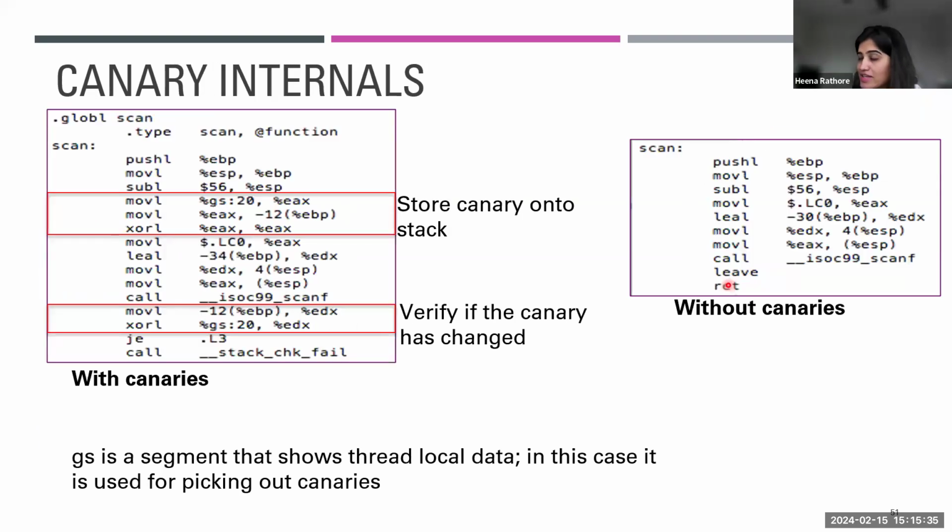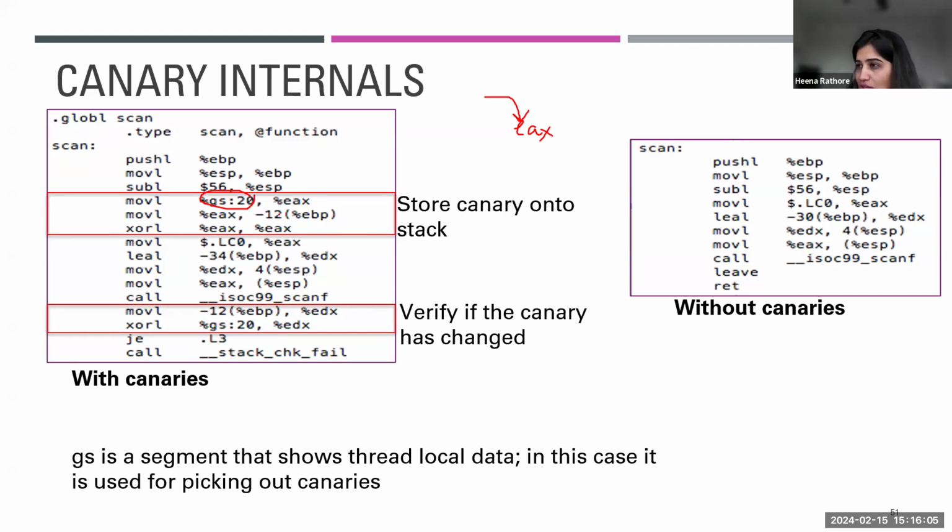This particular slide will tell you. What it does is that it takes some contents from some location. So GS:20 basically says that there is some register EAX. Go to this arbitrary location, which is this GS segment, and whatever is the content from there, store it in EAX. That's step number one.